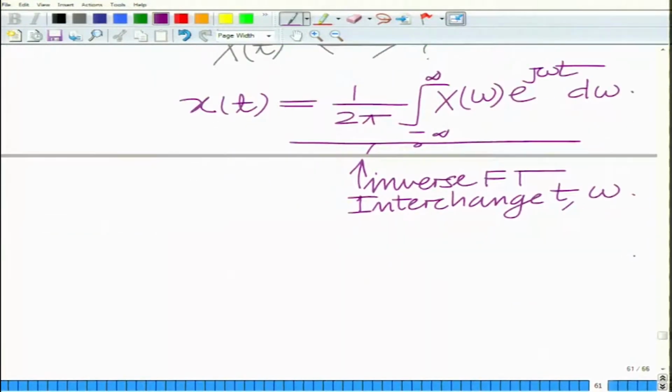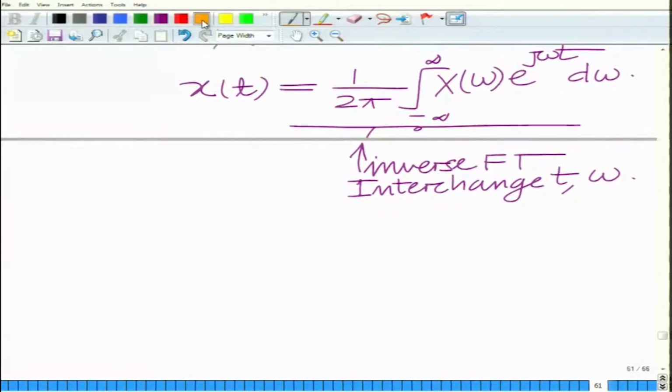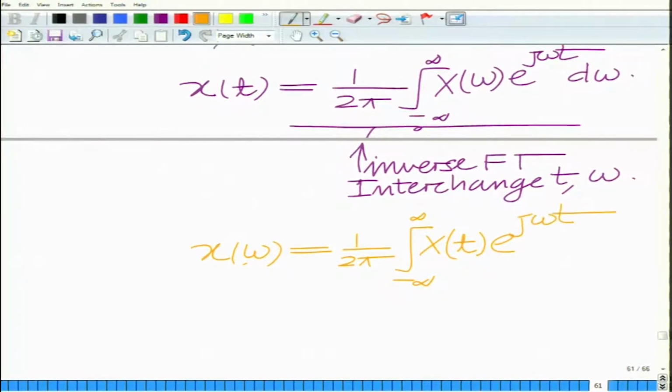Interchange the roles of t and omega, and then what we are going to have is x of omega is 1 over 2 pi integral minus infinity to infinity, replace omega by t, X of t e raised to j omega t dt.